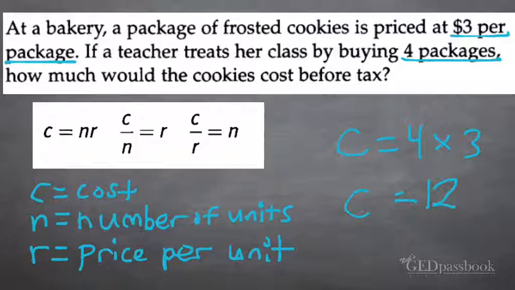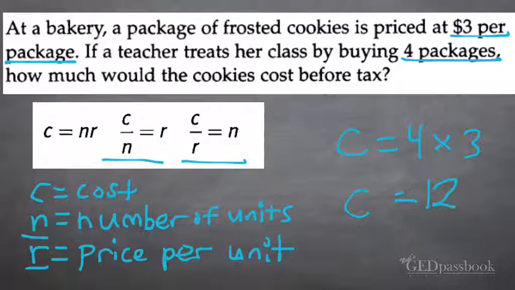Let's say you're not given the number of units or the price per unit, but you are given the cost, the total amount. You use these formulas to find whatever it is you're looking for. If they ask how much was the price per unit, then you use this one right there.